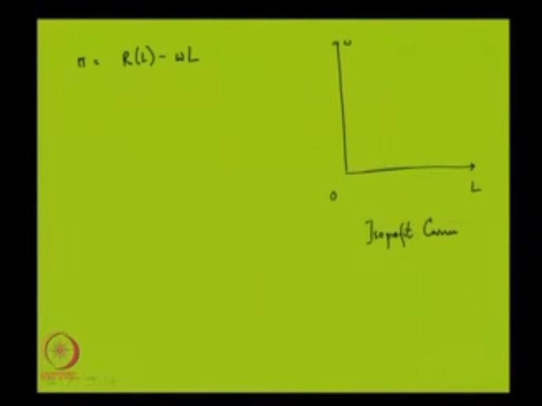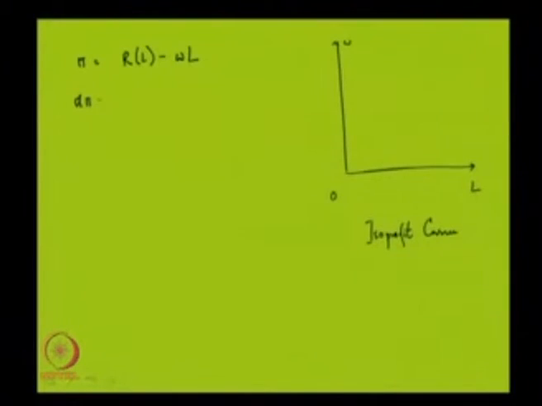First is to look at technically what will be the slope of the isoprofit curve at any combination of W and L. For that, what I do is to take the total derivative of this function and set that equal to 0, because along any isoprofit curve the profit remains the same. And from this, what I get is the following.